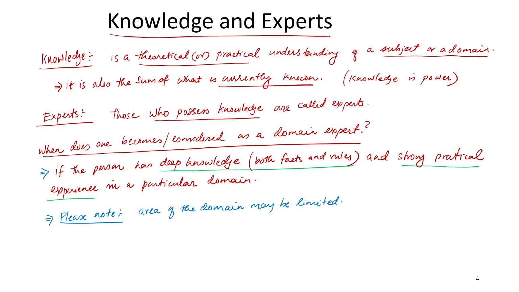An example is the domain aerospace, area aerostructures. The person might be a domain expert in the area of aerostructures, not for the entire domain of aerospace. So, that should also be considered as part of this.